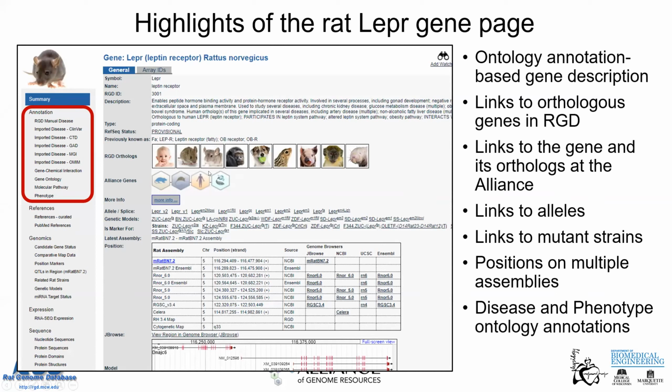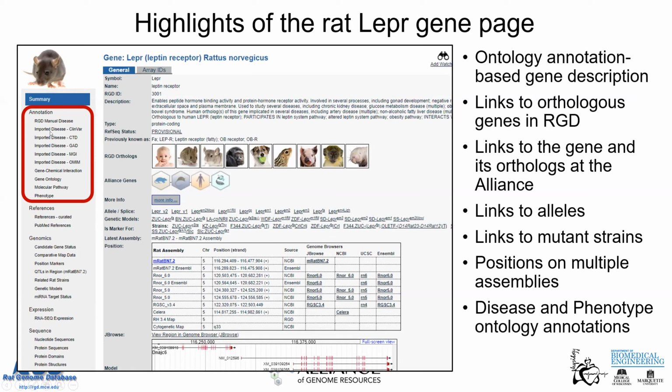We have links to the orthologous genes in RGD. We have links to the gene and its orthologs at the Alliance. Links, in this case, to alleles of the gene, and also to the strains, the mutant strains that carry those alleles. We have positions on multiple assemblies, and then disease and phenotype ontology annotations.